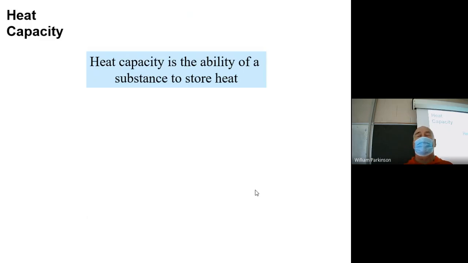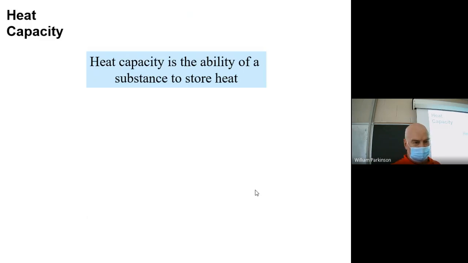What it means then is it stores heat without raising its temperature. The higher your heat capacity, the lower your temperature change upon the input of the same amount of heat. So materials with high heat capacity don't get as hot as materials with low heat capacities.